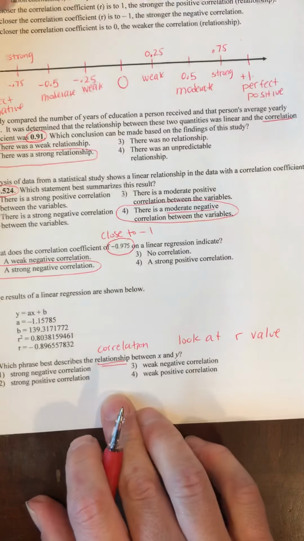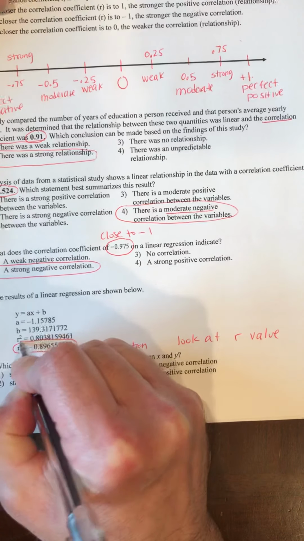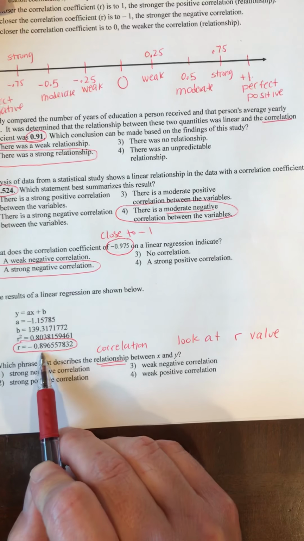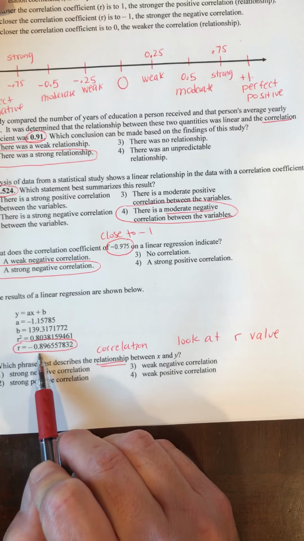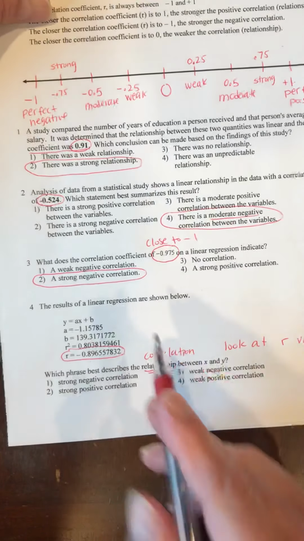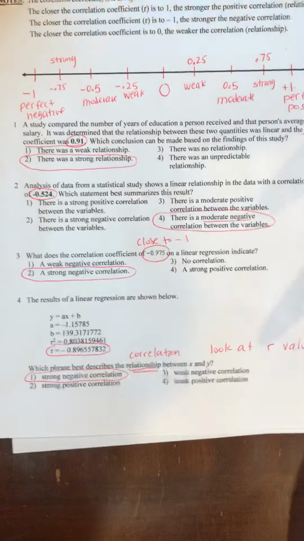This is the only number that we're interested in out of all this stuff they gave us. So negative 0.89. That's really close to negative 1. So that would be a strong negative correlation.